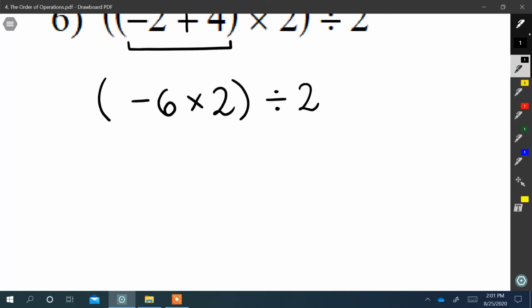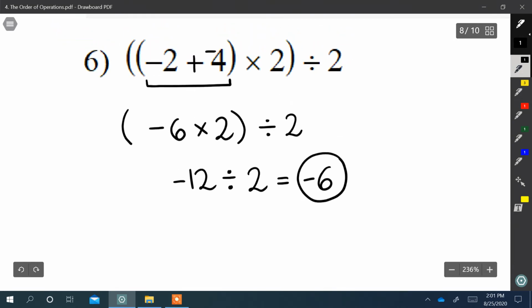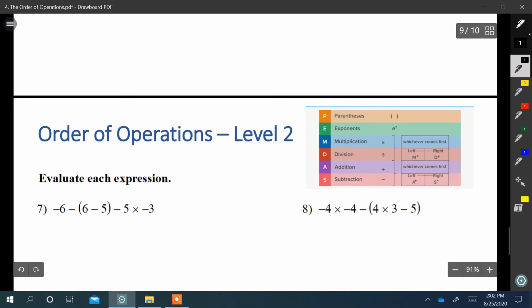The negative 6 times 2 will be negative 12. Then finally, negative 12 divided by 2, that will be negative 6. Let's move on.